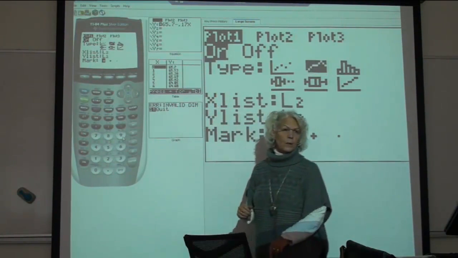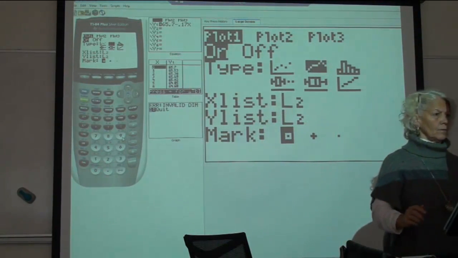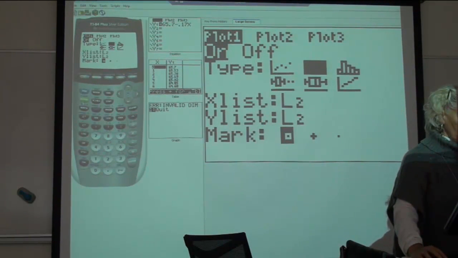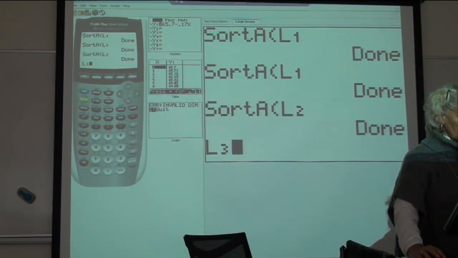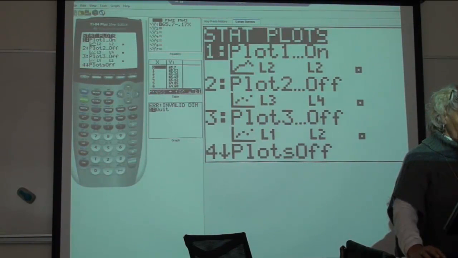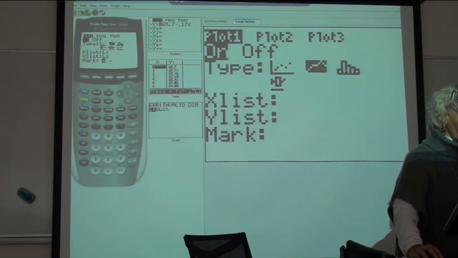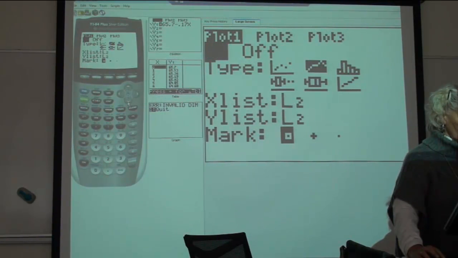So where do we put our X values? List 3, mine were. So my values are in list 3 and in list 4.